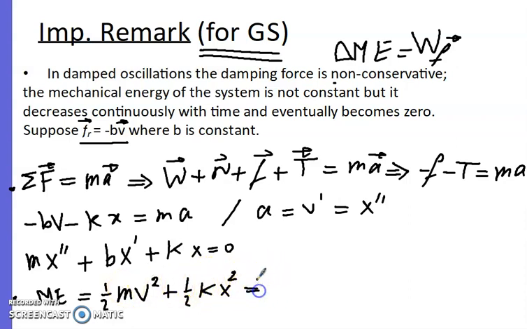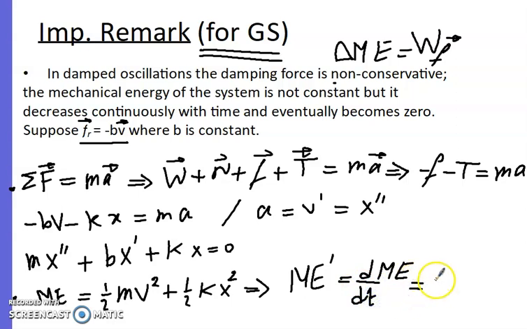Now let's take the derivative. The derivative of ME over dt, I cannot say it is 0 because it is not constant, be careful, equals m v v prime plus kx x prime, right? Now let's rearrange it.